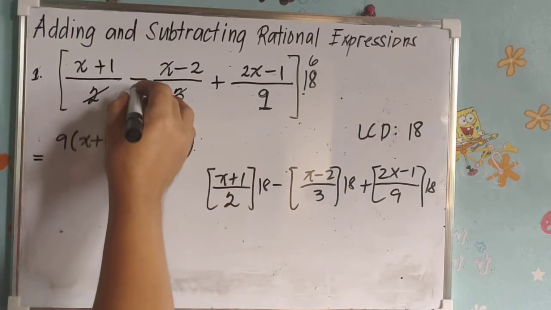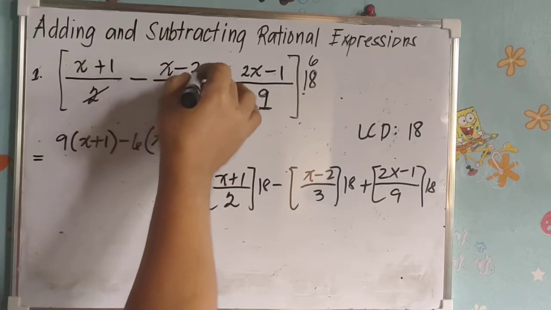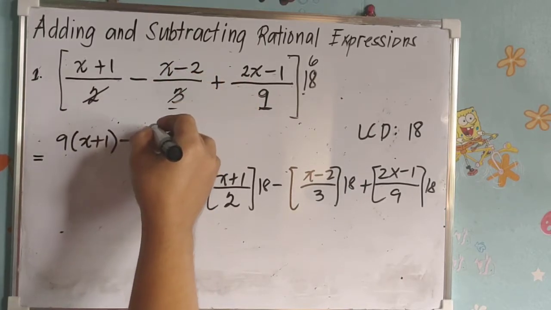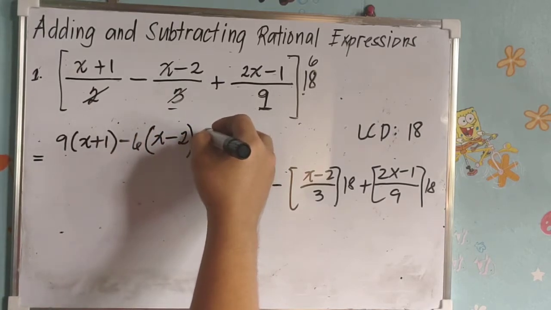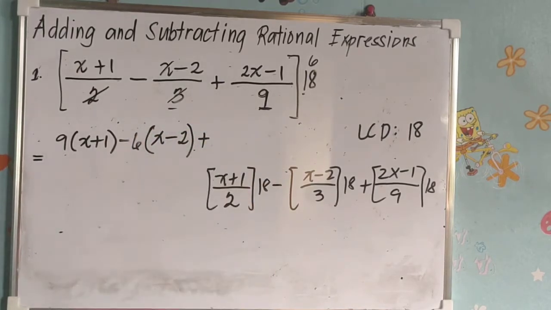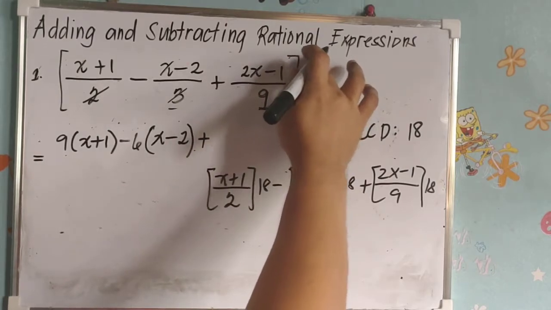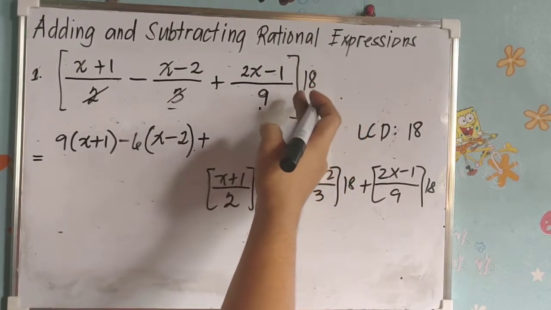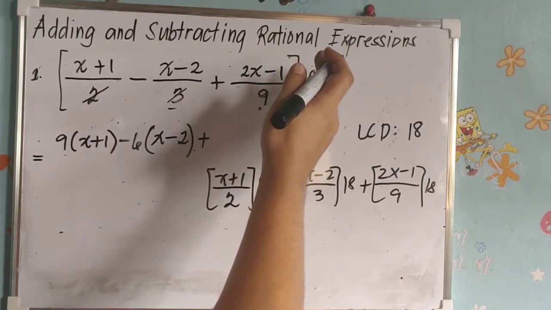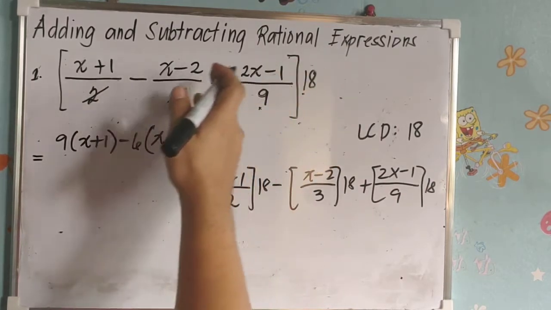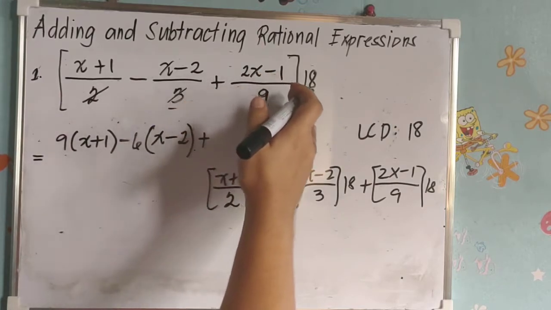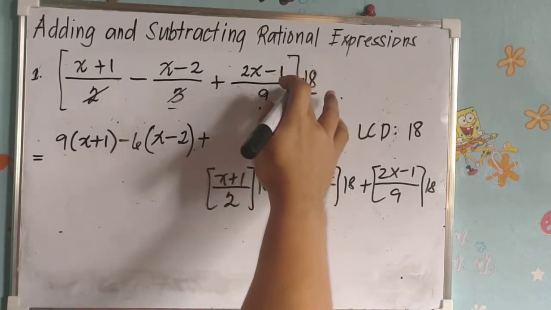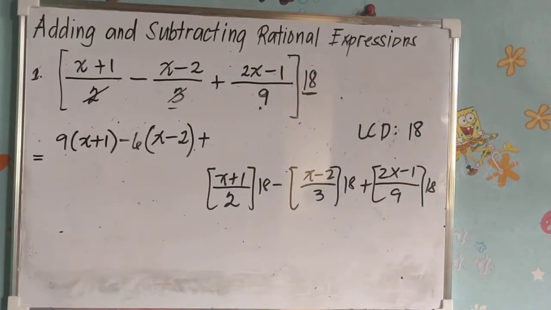Take note, this is subtraction and the following term is a binomial, so we need to enclose this in parentheses. And then plus. We only need to remember that every time we multiply the LCD to each rational algebraic expression, it should be the original LCD, not the remaining factor.